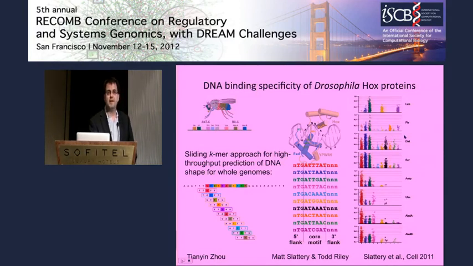And then any length of DNA sequence or any number of DNA sequences can be predicted very rapidly by data mining based on pentamers. And this is a very fast approach. The whole yeast genome can be predicted in 20 seconds on a regular laptop.